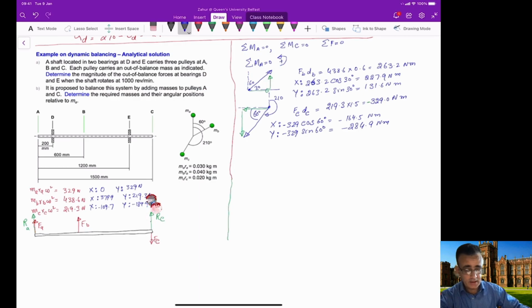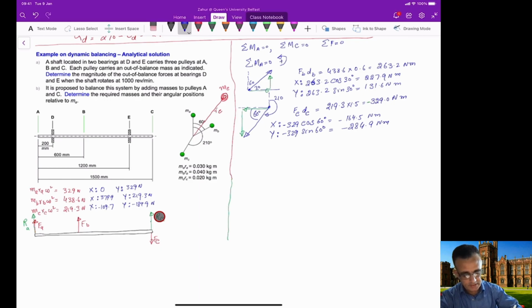Now, in addition to this, we have this additional force here, and this additional force is RC. We don't know if it is positive or negative. But if you look at the figure here, we are assuming that it is maybe in this direction here. So the mass that you will be attaching at location C is MCRC. So the force is going to be in this direction here.